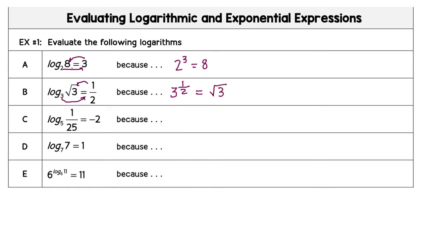And these are things that you know. 5 raised to the negative 2 is equal to 1 over 25, not negative 10. 1 over 25. 7 raised to the first power is equal to 7.